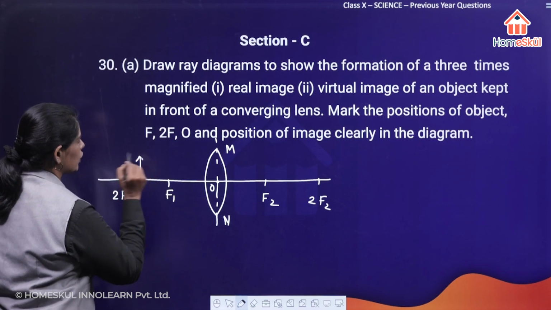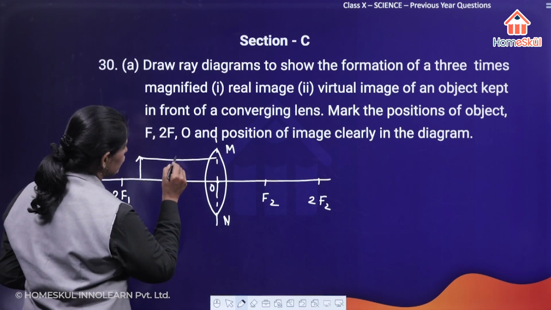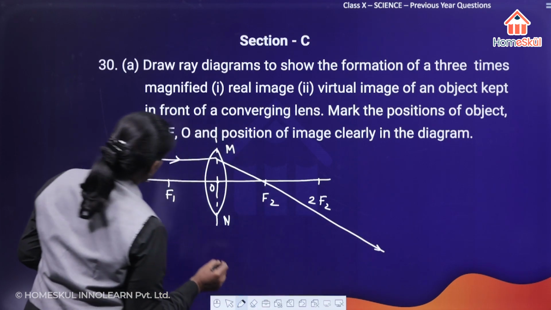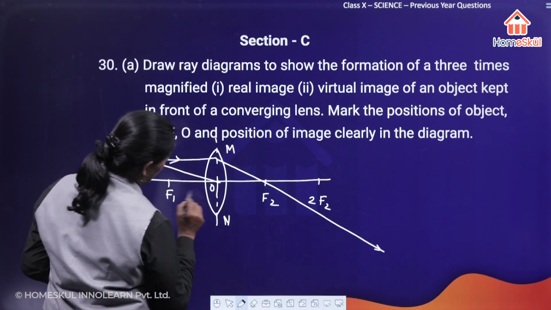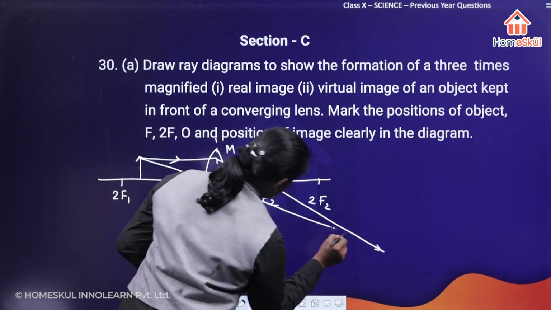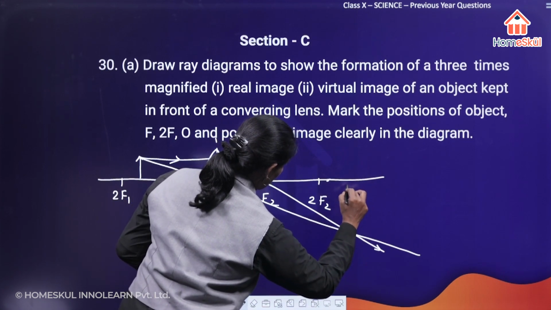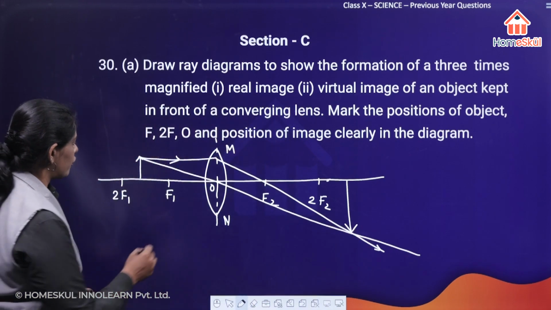So when we keep the object between F1 and 2F1, the first ray, which is parallel to the principal axis, will pass through F2. The second ray, according to the second rule, passes through the optic center, and it will meet somewhere beyond 2F1, and here we can see a magnified image formed.